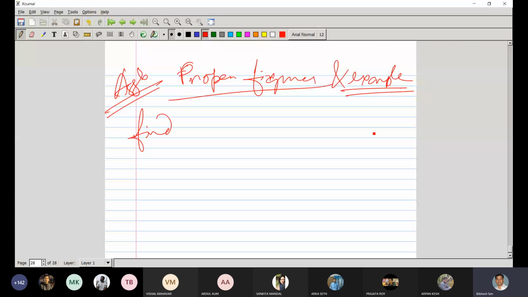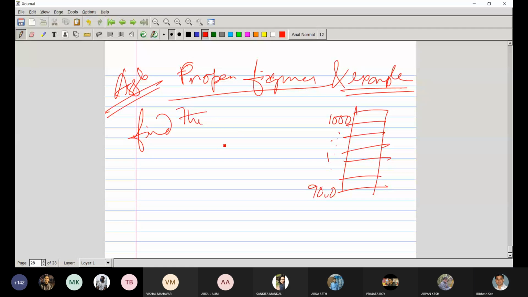You can choose, or right, I am giving one example here. It is 1000, like in this way up to 9000 is the memory location, or 1000 byte addressable. Suppose this is the memory bank. Find the essential difference, not many more, only the essential difference.